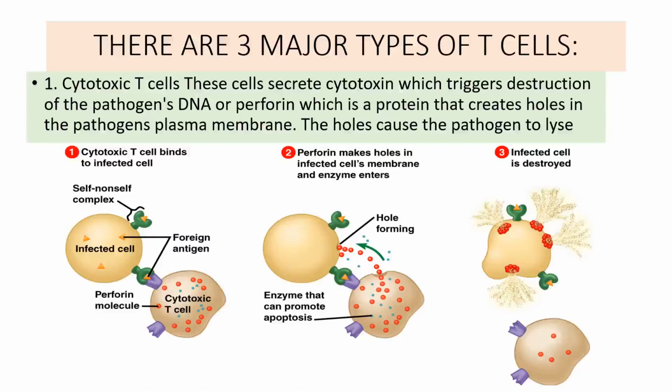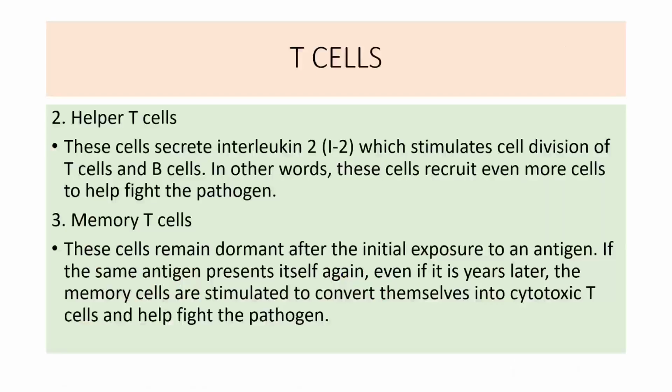So cytotoxic T cells can bind with the MHC class 1 molecule only, and it causes lysis through the production of porins. Helper T cells are the ones which are responsible for the production of interleukins only. They will bind with the antigen presenting cell, again with the MHC molecule, which is the MHC class 2 molecule, and they are responsible for stimulating the B cells or the T cells for activating their function.